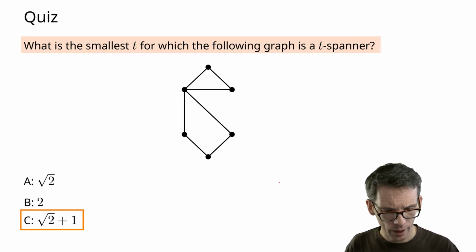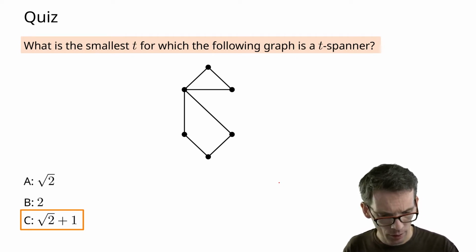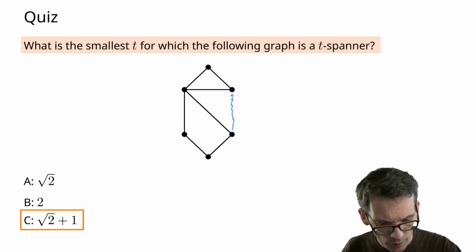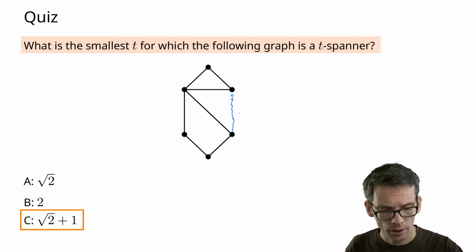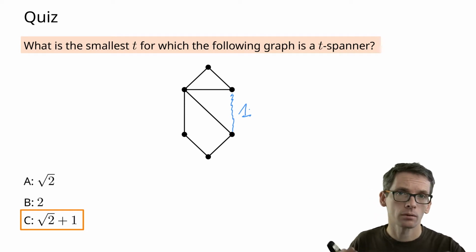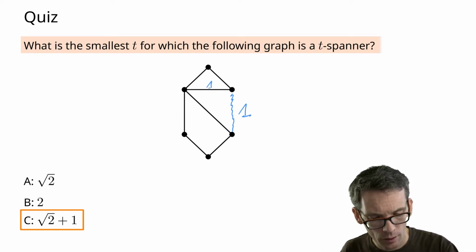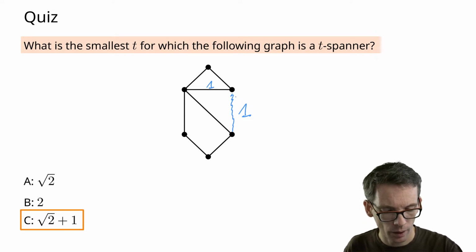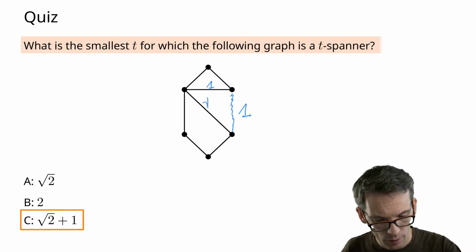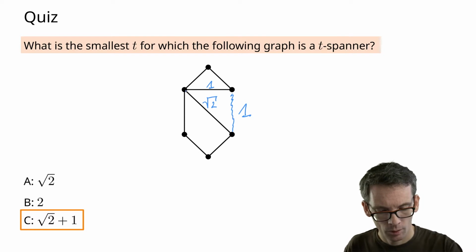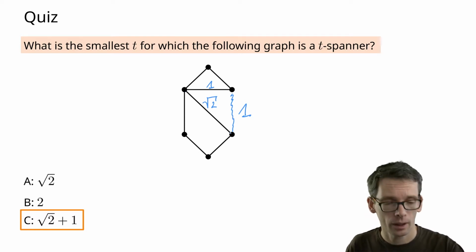So we have this pair of points. Let's say this distance is 1. Then this distance is also 1. Of course, we have a square here. And this distance is square root of 2, because this is a diagonal in the square.